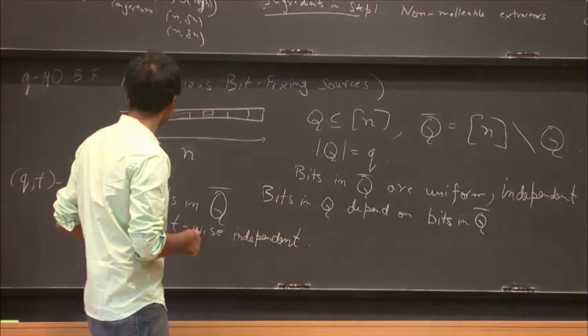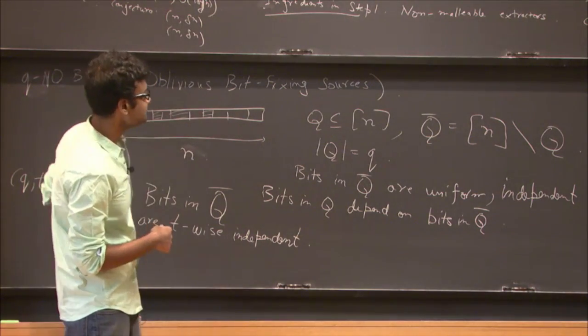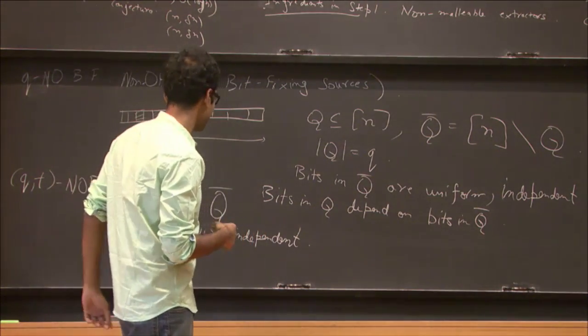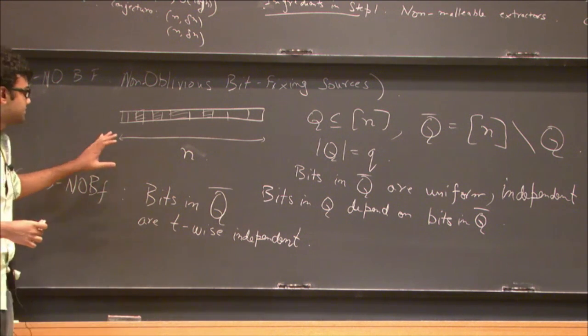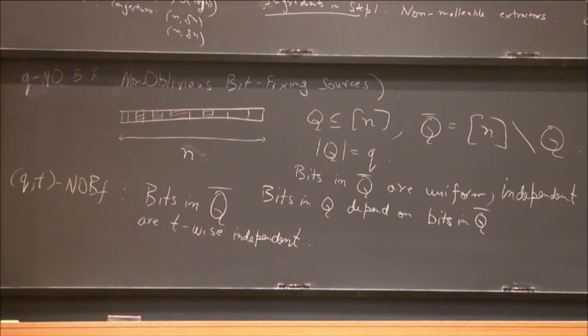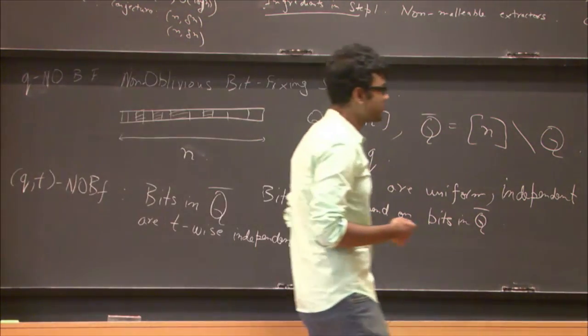So the way to design extractors for such non-oblivious bit fixing sources is via a connection to resilient functions. So let's define what resilient functions are.